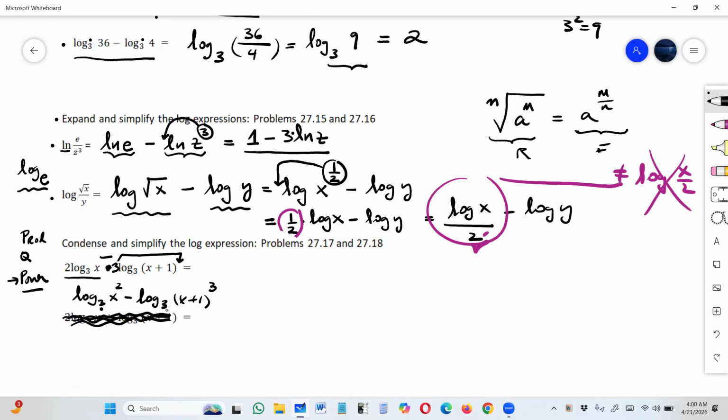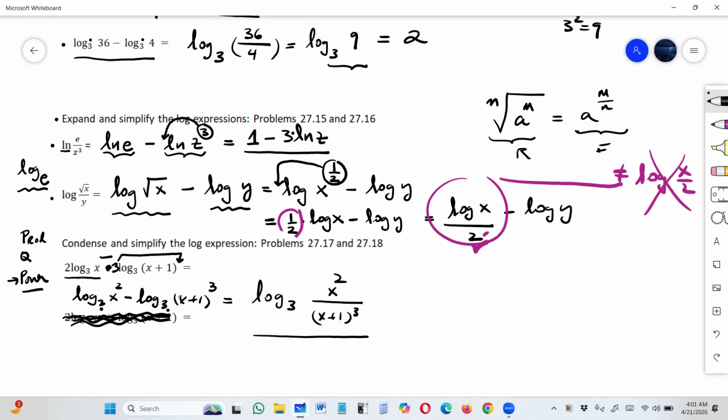Now we check to see if the bases are the same. They are, but I have a minus in the middle. So now I apply the quotient rule. So log base 3 x squared over x plus 1 cube. And that would be my final answer. Okay?